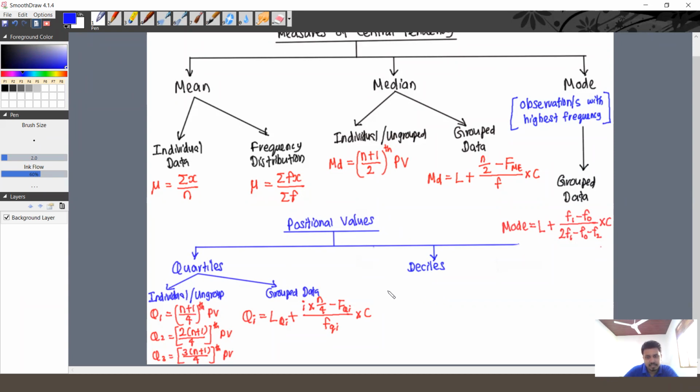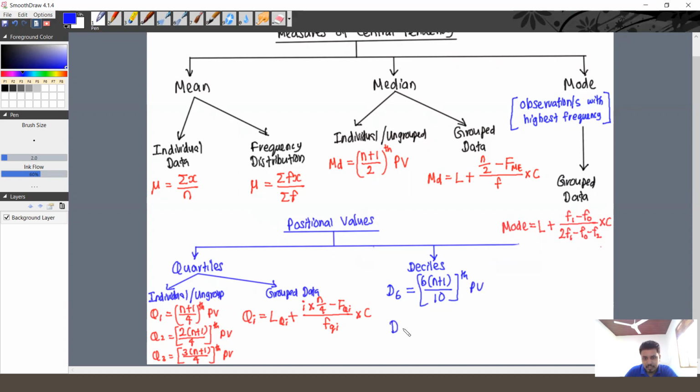10යි. ඒ කියන්නේ for an example if we need to get the sixth decile value, what should be the formula? That is 6 into n plus 1 divided by 10. This positional value we need to consider.